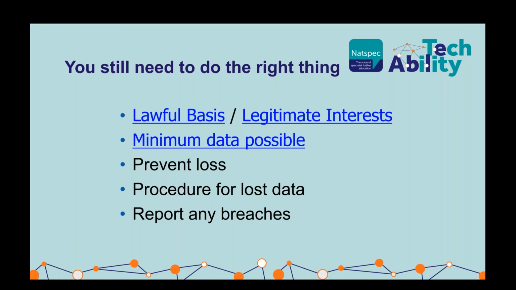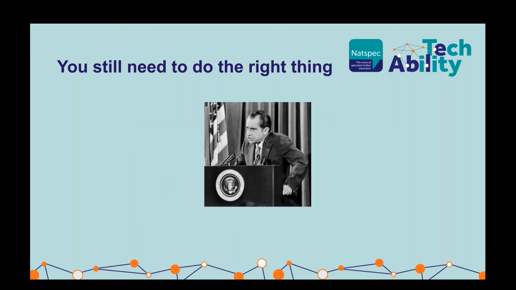You also need to report any breaches. Even though it sounds like a really involved process to report those breaches, it's going to be worse if you don't do the right thing. So if you don't recognize this guy because you're too young, or you've never been to school and had a history lesson, this is Richard Nixon.